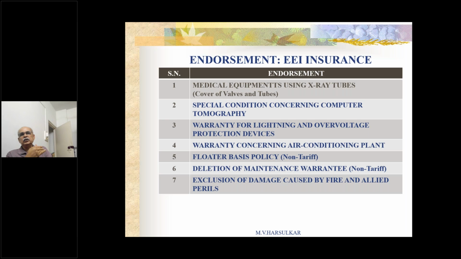So the wordings of fire policy A were a wider cover compared to fire policy C, and those perils are mentioned. If you go to today's SFSP, there may be some difference in the perils covered under SFSP and the perils mentioned here.